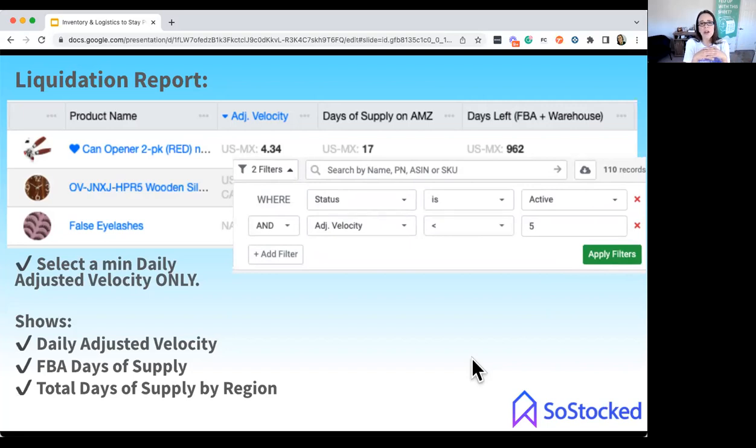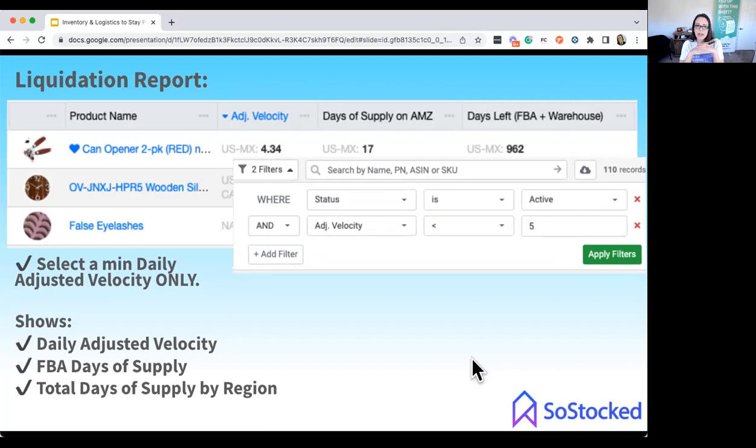This is something that would be helpful for a marketing team to know they have to devise a plan to move this inventory before it becomes a blocker for other inventory at FBA, starts collecting more fees, and becomes an overall problem product. Potentially, you could use this to your benefit.